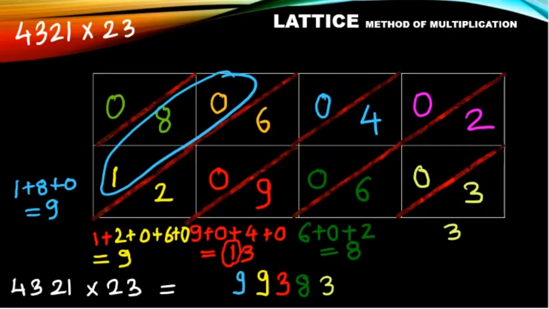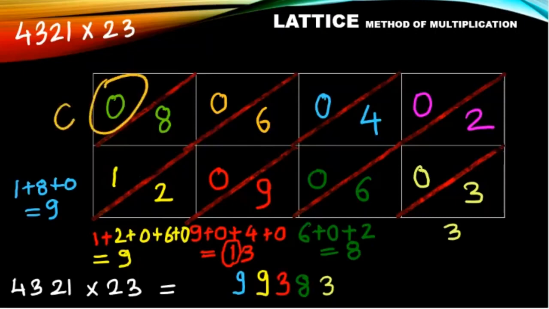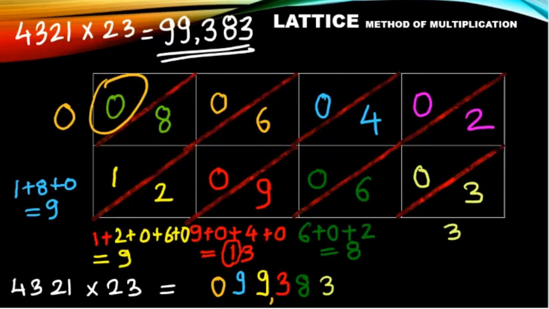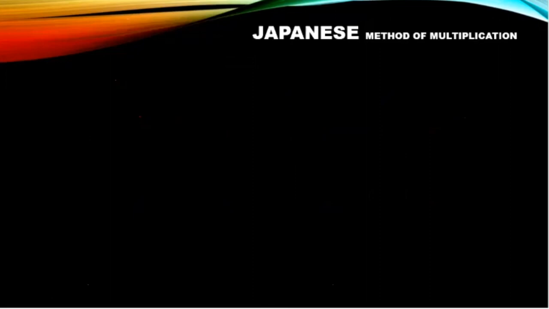And in the last column we got 0. So 0 will come in the lakh period. So here we got the answer 99,383. The same answer we got in box multiplication also and in the column multiplication also.